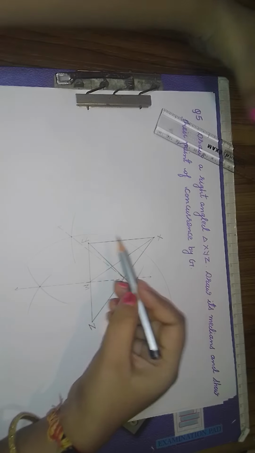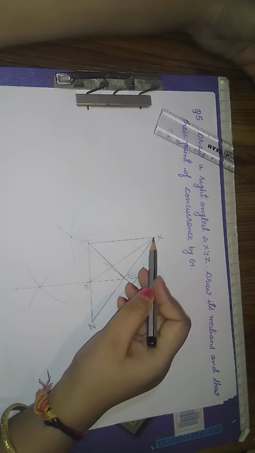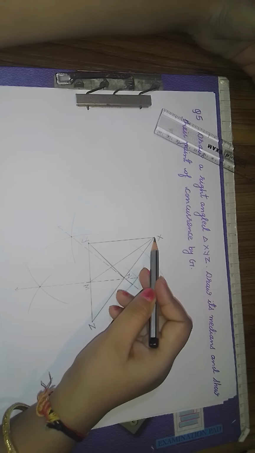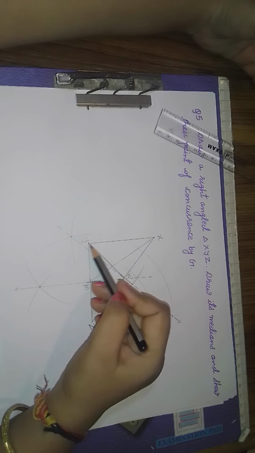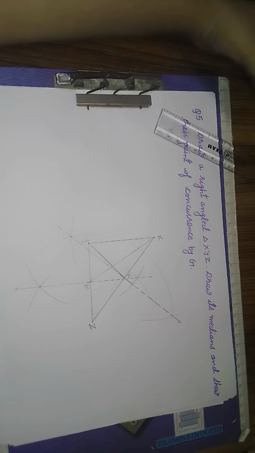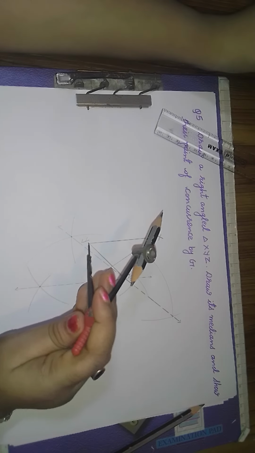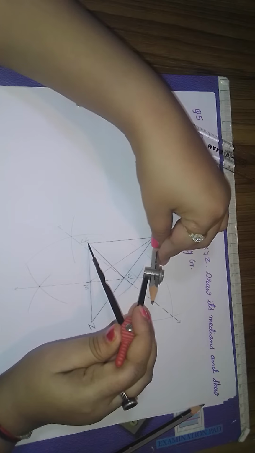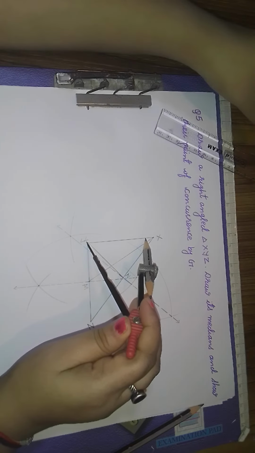Okay, now you have to find the midpoint of your segment XY or your side XY. Again take your rounder, place at your vertex Y, take more than half.